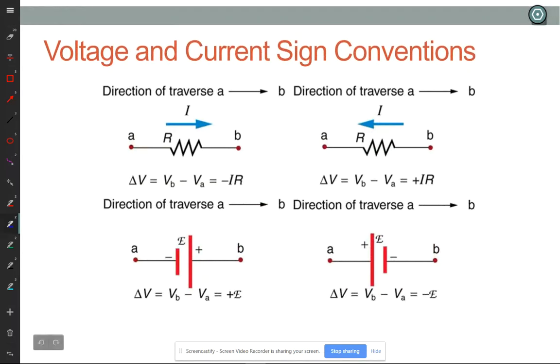So, got that covered. Sign conventions. This is actually important. This is not trivial. Our conventions, I wrote these in class on Wednesday, but when we have current going through a resistor, every time I work a circuit, I will start by drawing the direction of the current.